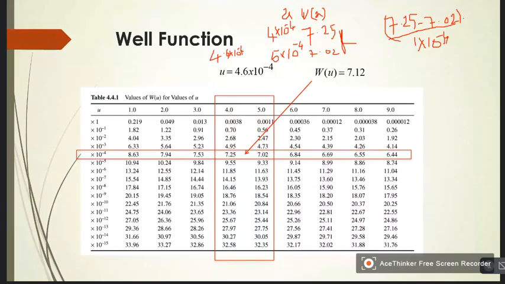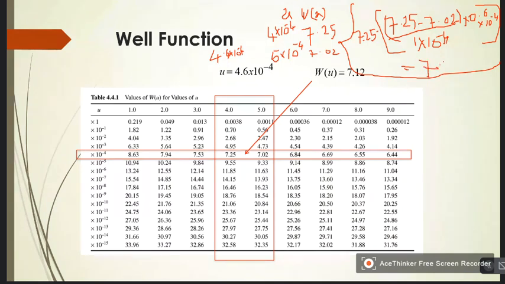So the whole thing is 7.25 minus this. So this is our value, and you will get it as 7.12.